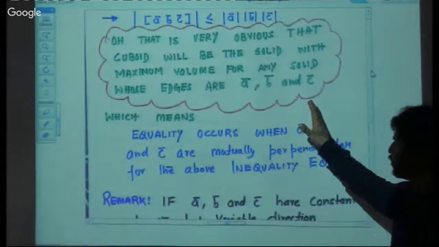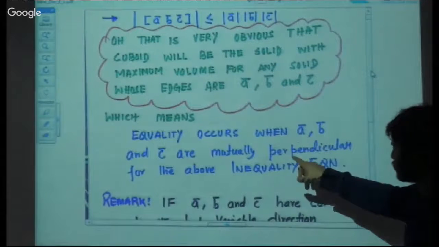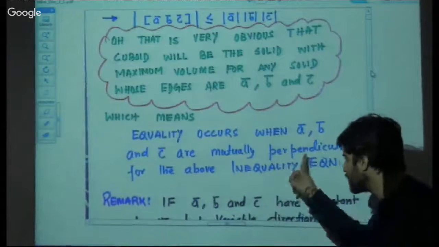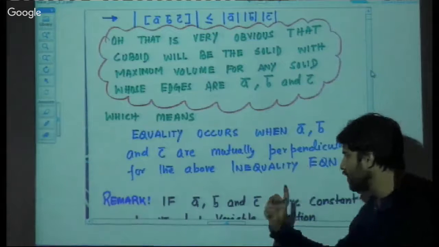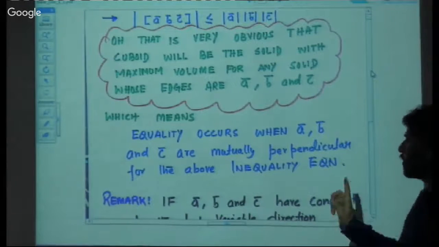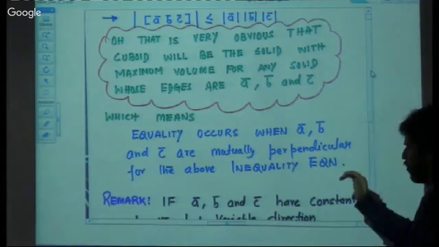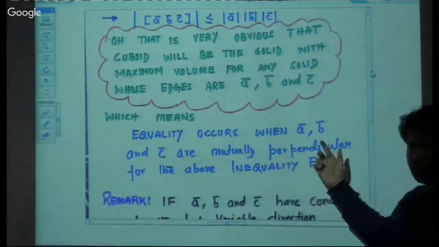So that is obvious now. Equality occurs when A, B, and C are mutually perpendicular for the above inequality.